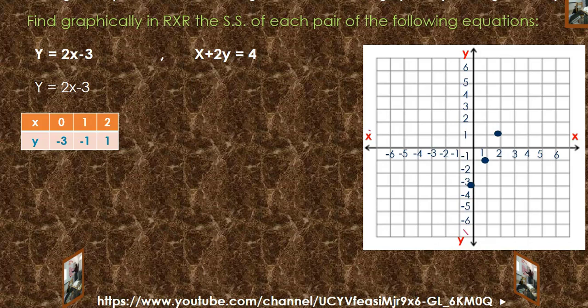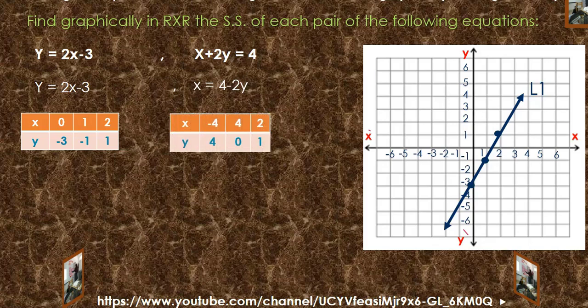Now we can draw a straight line which represents the first equation as L1. What about the second equation, x plus 2y equals 4? We can write x equals 4 minus 2y.